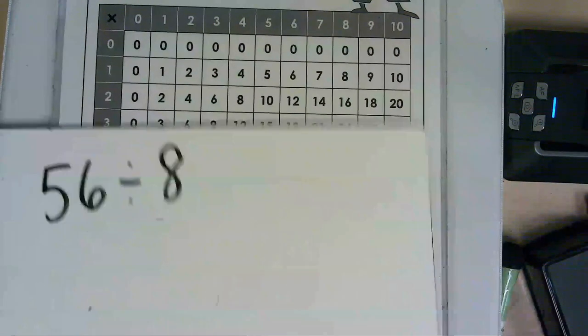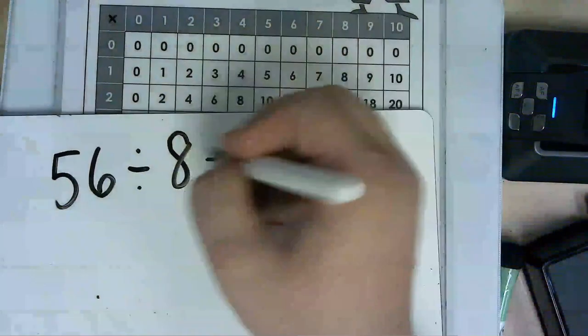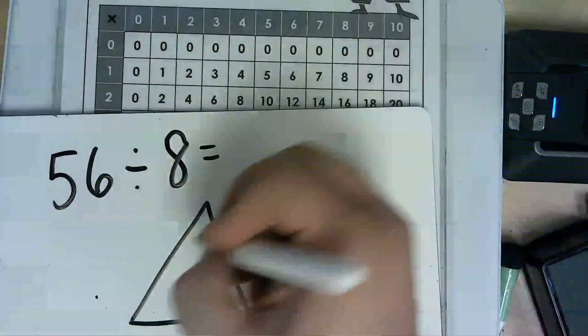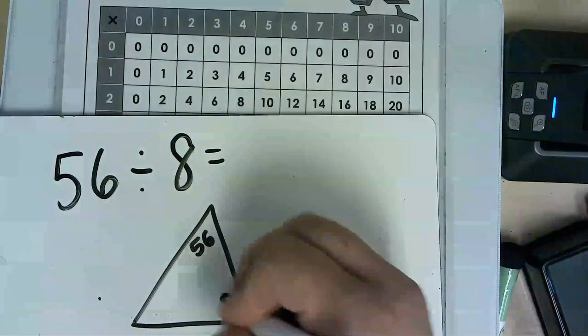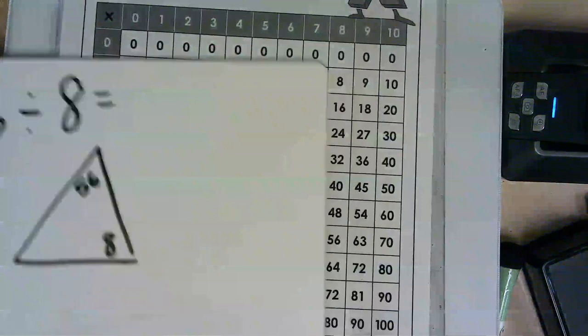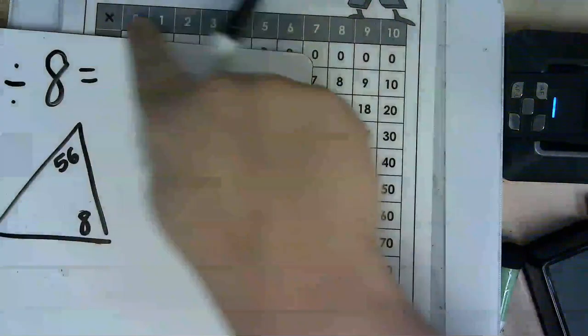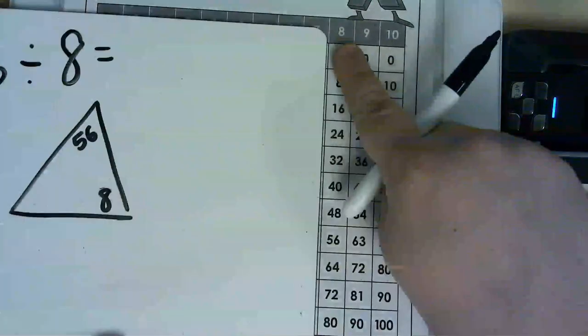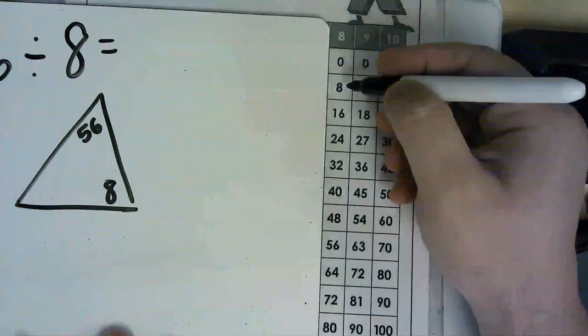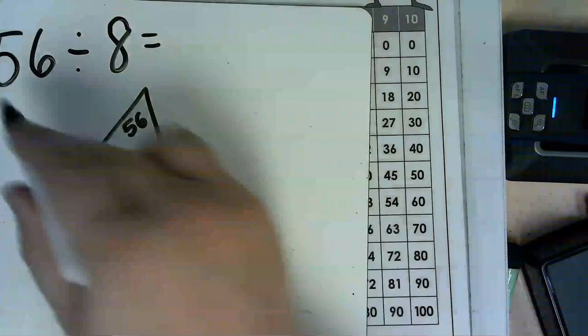All right, well, how am I going to do this? Well, in my fact triangle that we talked about before, I know 56 would go up on top and 8 would be one of my two multiplying factors, right? So I can come over here to my 8. I'm going to go across the top all the way over to 8, all right? And what I'm going to do is go down until I see 56, because that's the other part of mine.